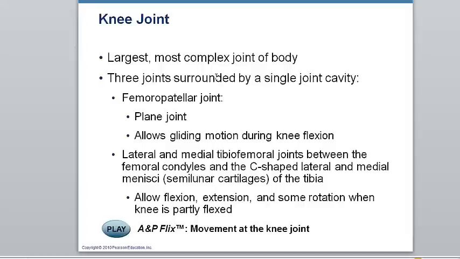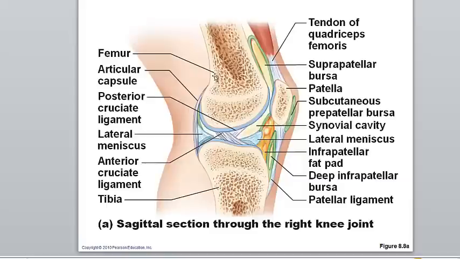The femorotibial joint, the tibiofemoral joint, is between the femoral condyles and the condyles of your tibia, okay? And between these two bones, you have the C-shaped extra reinforcement that is found. It's the semilunar cartilage. It helps flexion, extension, and some rotation of your knee.